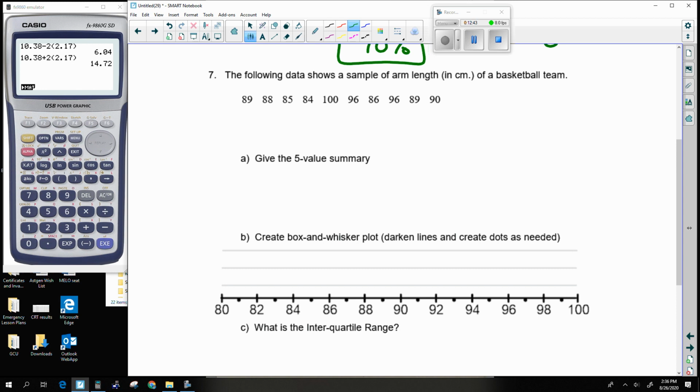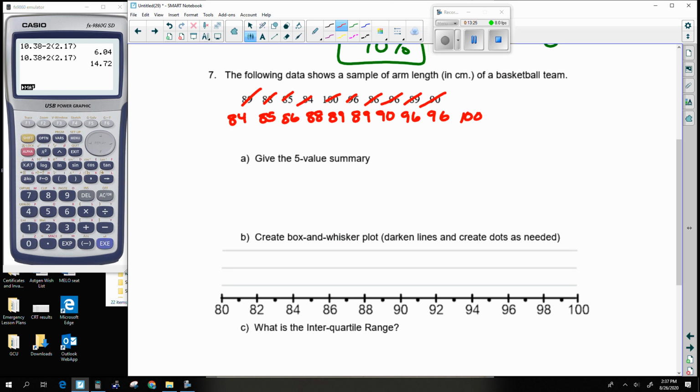All right, we are making a 5-value summary, so we need to put these numbers in order. I think I could maybe just do it from right here. 84, 85, 86, 89, 89, 88, 90, 96, 96, and 100.